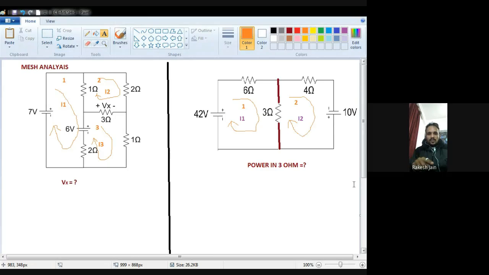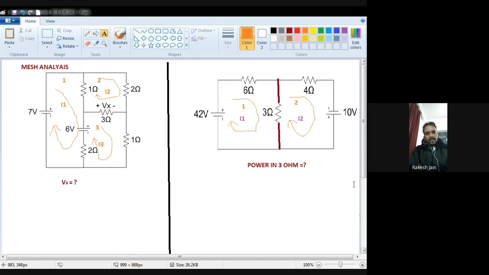See the question very carefully. This current I2 direction is from lower to upper side in the 3 ohm. When I focus on the 3 ohm resistance, I1 current direction is from top to bottom, and I2 current direction is from bottom to top, so it is the opposite direction. Because I am writing the equation for the first mesh, I put a positive sign with my current I1, that's why plus 3I1, but a negative sign with I2, the other mesh current, because the direction is opposite, so minus 3I2 is also there.